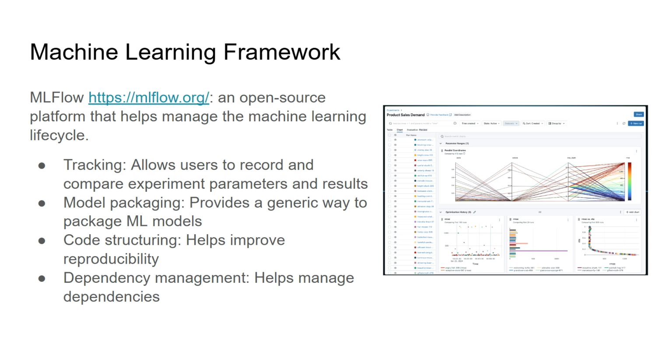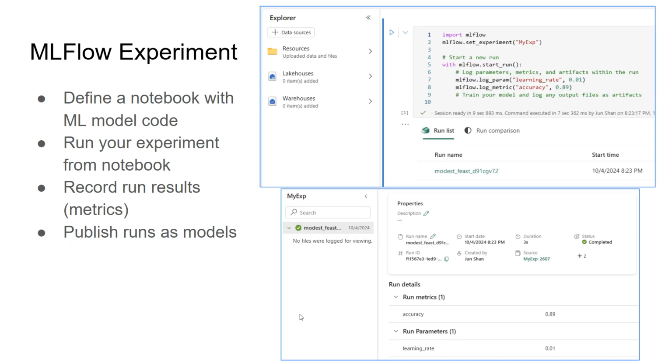And of course, it helps you manage the dependencies, including the libraries that you will require and something else, and a lot of configurations. More than that, it starts with an experiment, right? You get a notebook. You will define a notebook with the ML model code. You will run your experiment from the notebook, and you will record run results and publish runs as models if you like them.